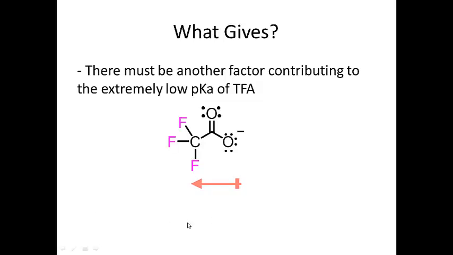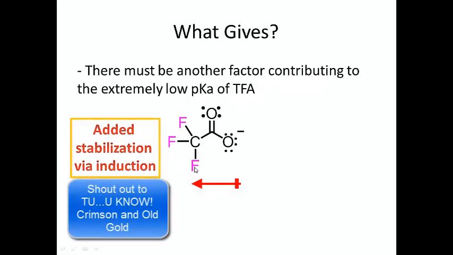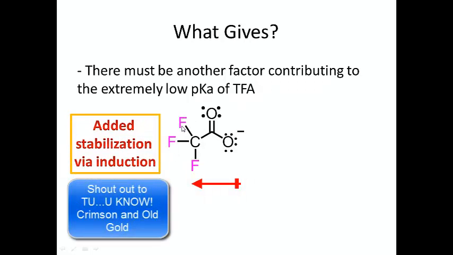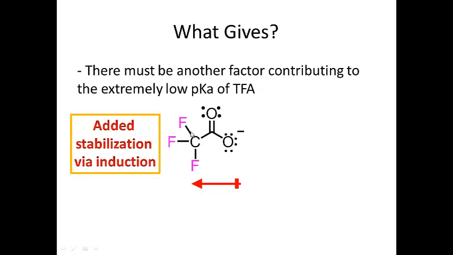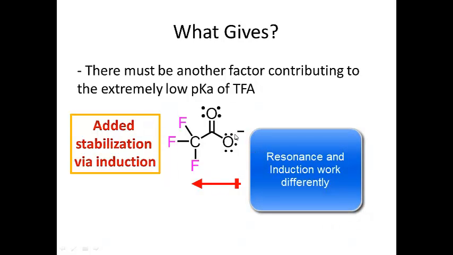That something else is this trifluoromethyl group here, this CF3 group. Fluorine is a highly electronegative atom, and so this CF3 functional group is just sucking electron density this way, and it's pulling electron density away from the negative charge here. When that happens, that's called induction.